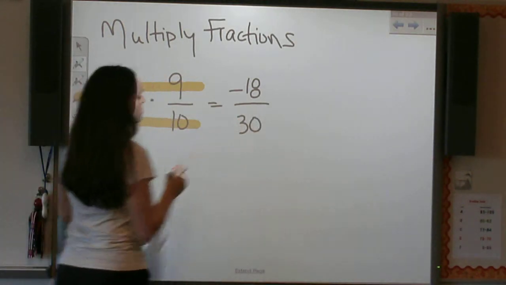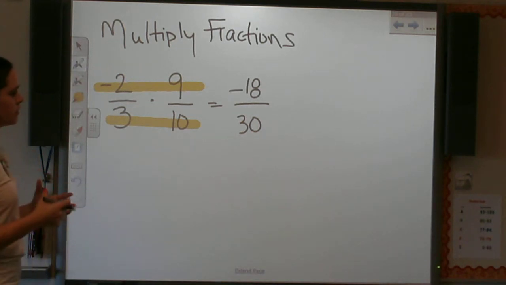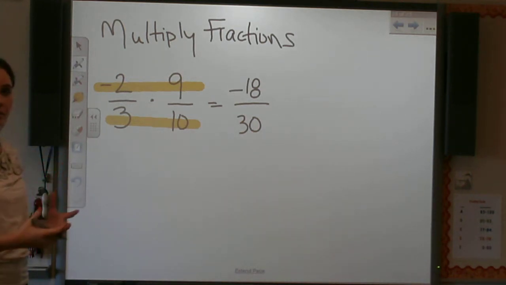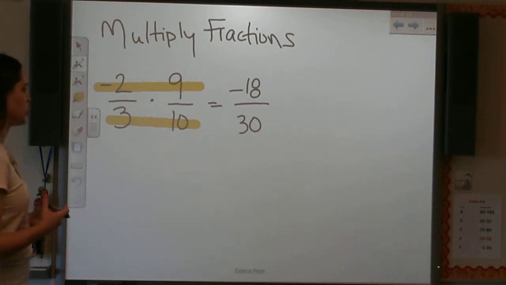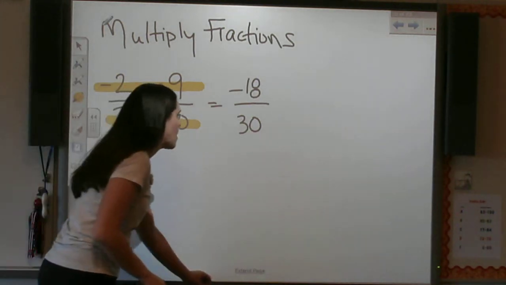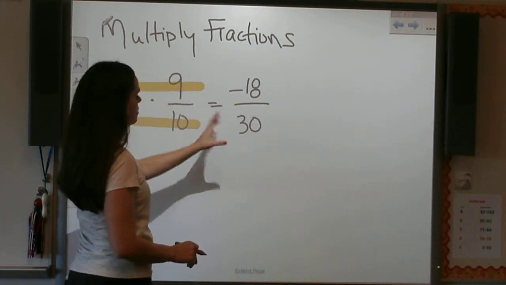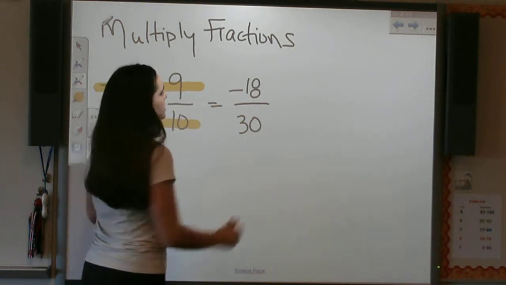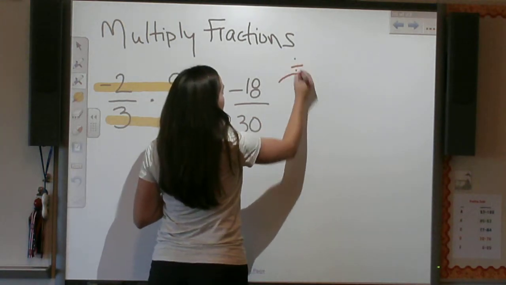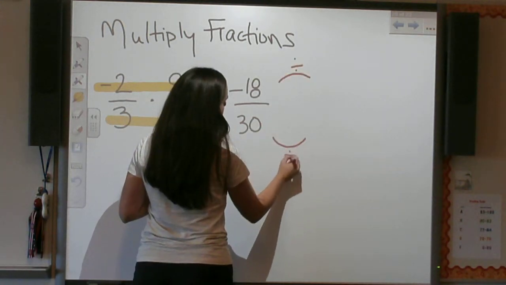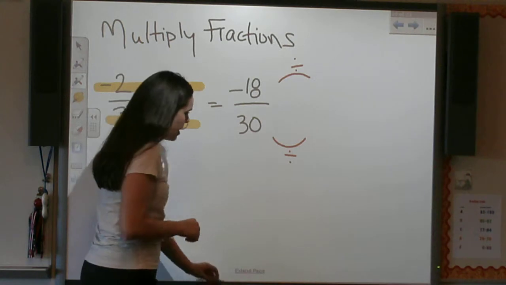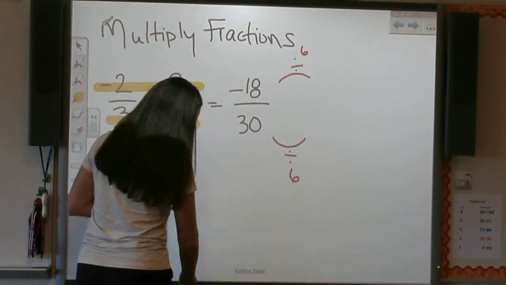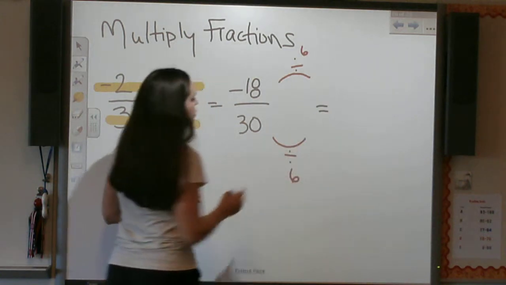Now from here we want to think about some common multiples of these numbers so that we can simplify or reduce this fraction. I am going to think about the number 6. I know that 6 can go into 18 and 6 can go into 30. So I'm going to divide both my numerator and my denominator by 6, and this gives me my reduced fraction.